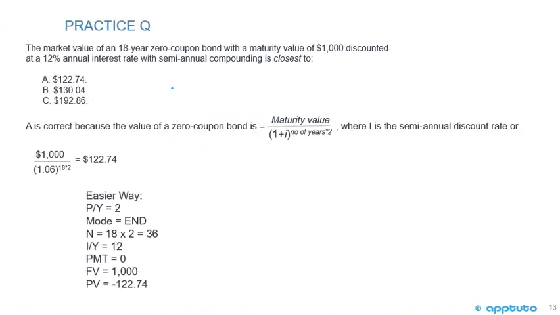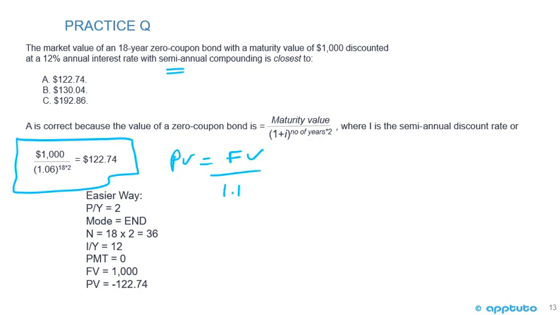Okay, so you can see in this question, they told us to use the semi-annual compounding. So again, this is exactly the same as the previous question. You're just doing present value equals future value over 1 plus I to the N. And you can see that it's using semi-annual compounding.